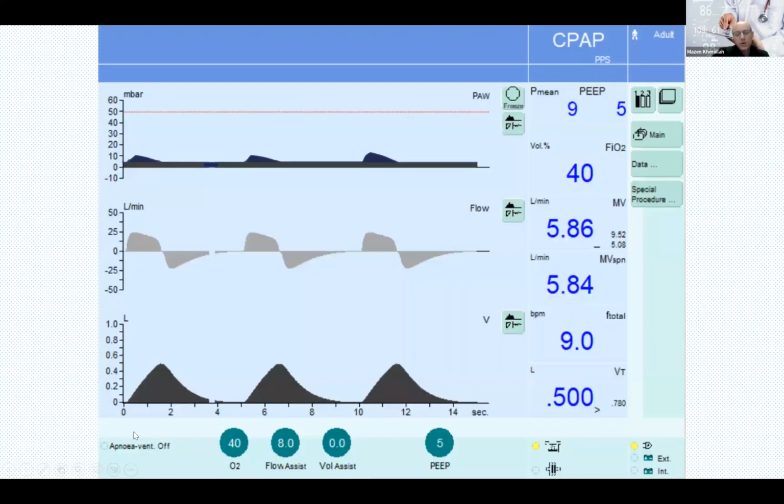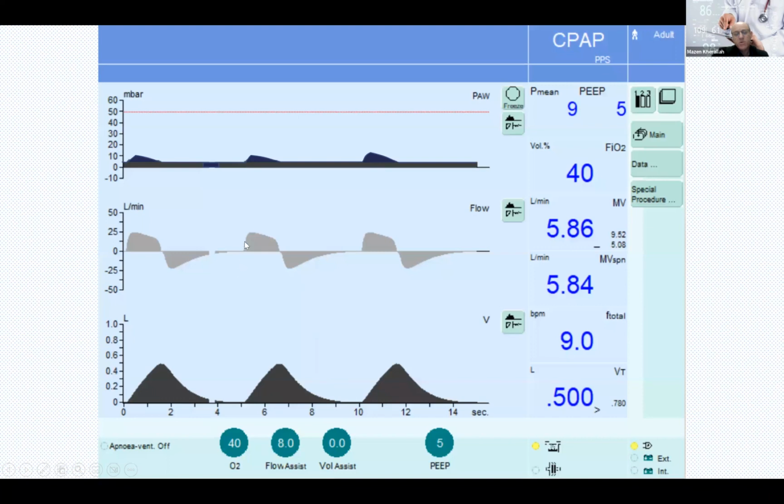And you can see here how I set the flow assist at 8, and now volume assist at 0, just to see the difference. And look at the pressure. The pressure goes up initially with the increased patient's effort, and then goes down gradually because I don't have any volume assist here.